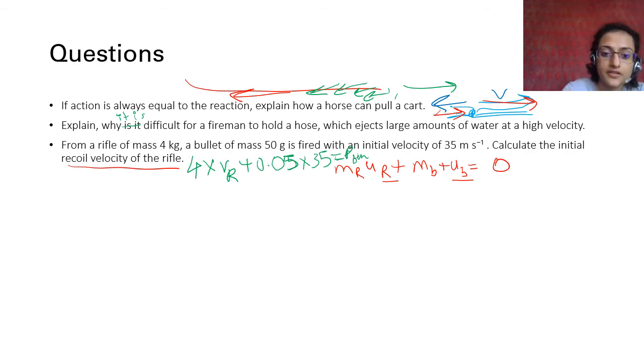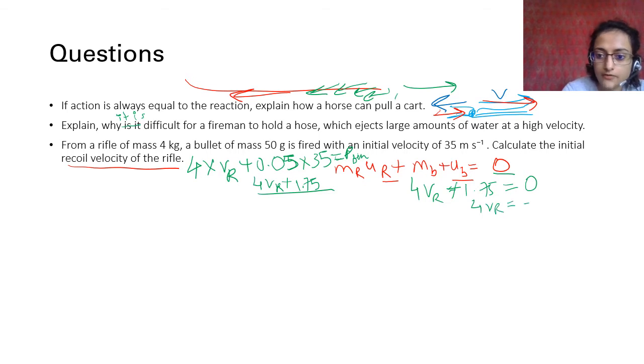So here you get 4 Vr plus 1.75. Okay, now you know that this and these are equal. So 4 Vr plus 1.75 is equal to 0. 4 Vr is equal to minus 1.75.